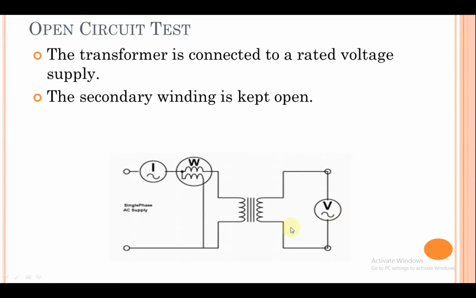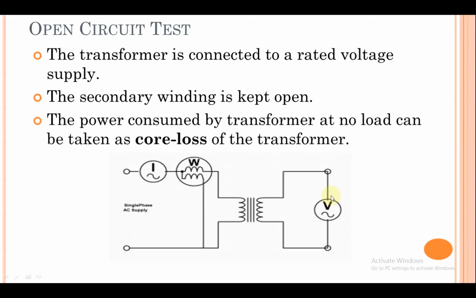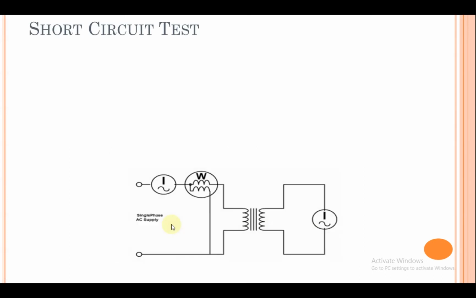The output on the low voltage side is kept open, or you can connect a voltmeter over here. So the power you will get on the primary side is the core loss of your transformer.